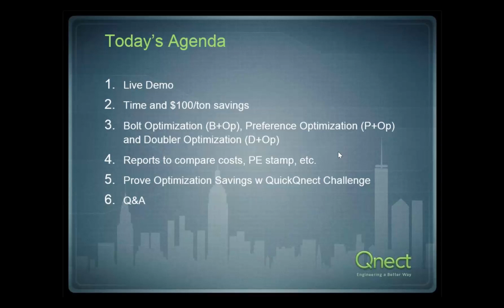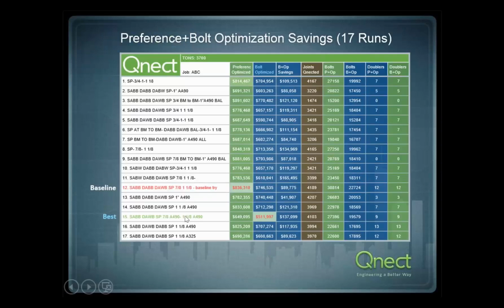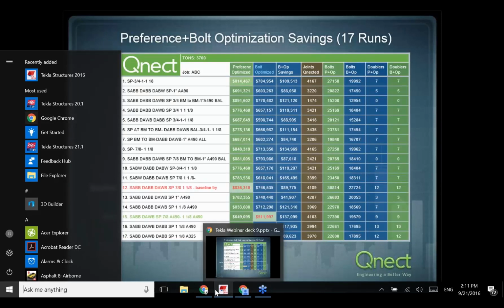I will then show you the reports so you can compare the costs and also what gets PE stamped, showing all of the engineering required. And then I will discuss how you can get involved by taking the QuickQnect challenge, and then we'll go into some questions and answers. So I'm going to go right back to the model right now and show you the live demo.